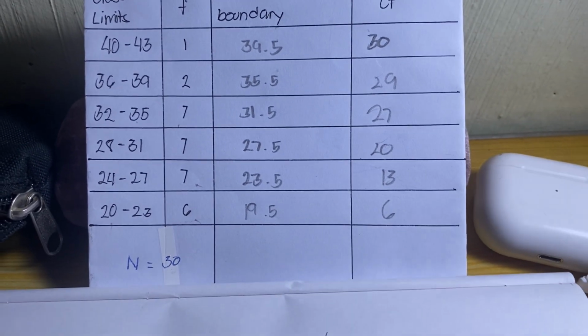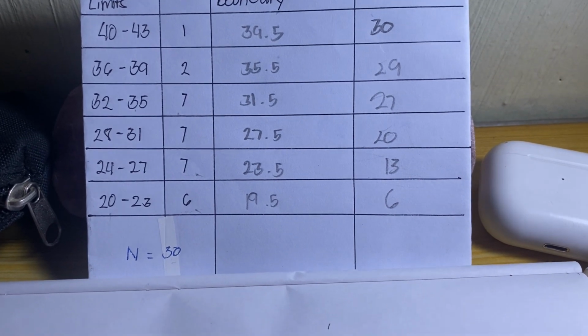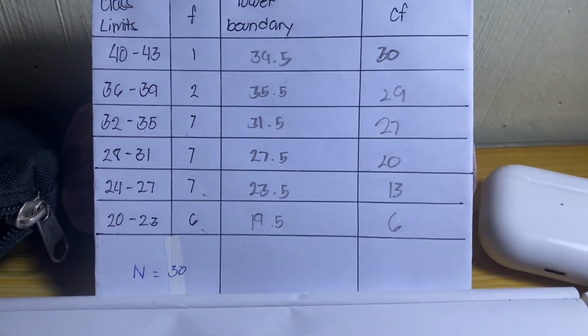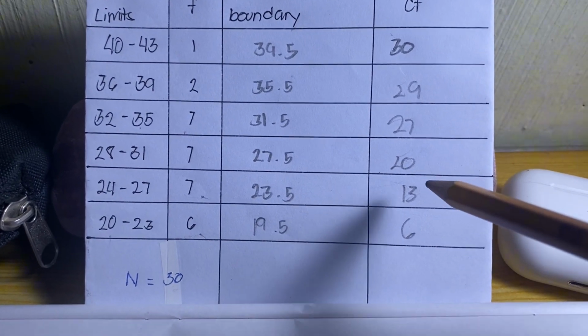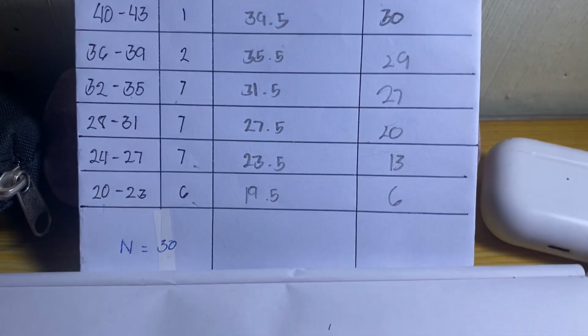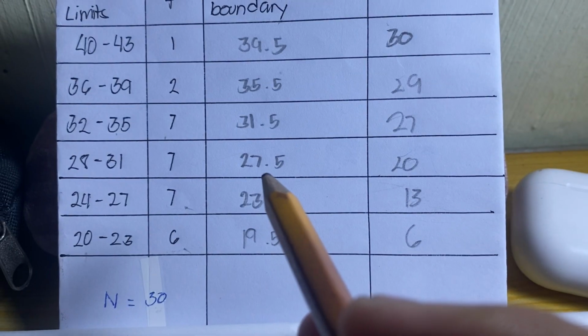Let's write down na. Check na natin yung cumulative frequency. Lagi na always natin tatandaan, before the percentile class yung pipiliin natin sa cumulative frequency. So, nasa baba niya is yung 13. Next is the lower boundary, which is equals to 27.5.